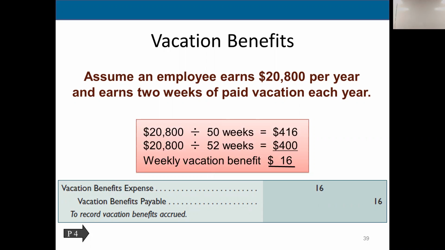So again, total expense debited $16. We know we are going to owe this obligation, so we credit vacation benefits payable.